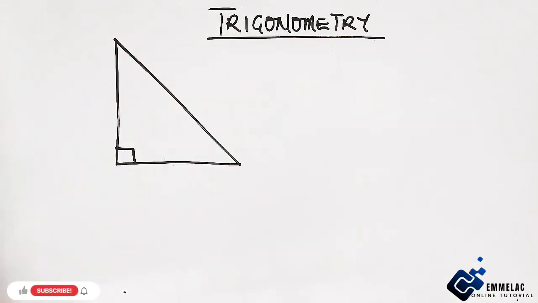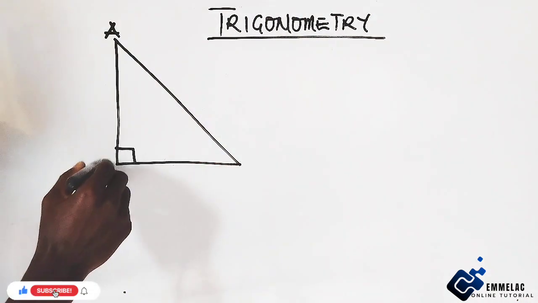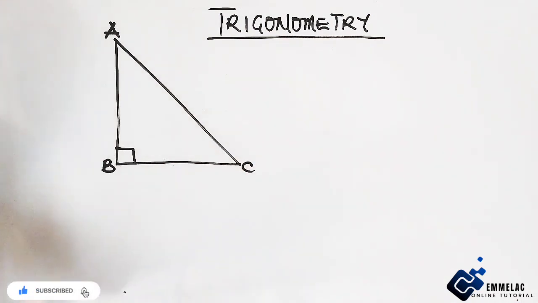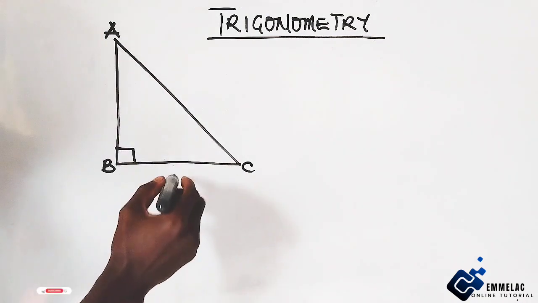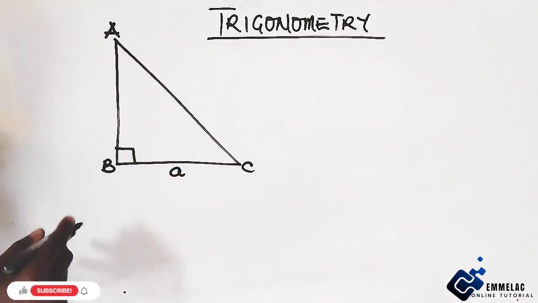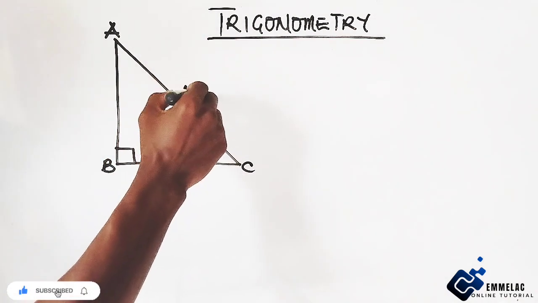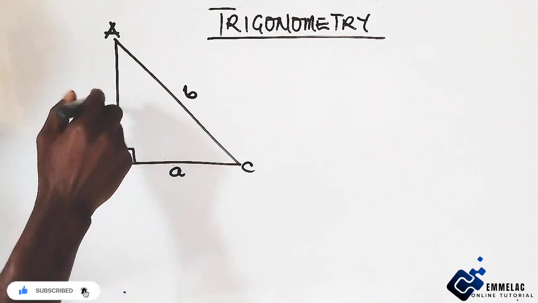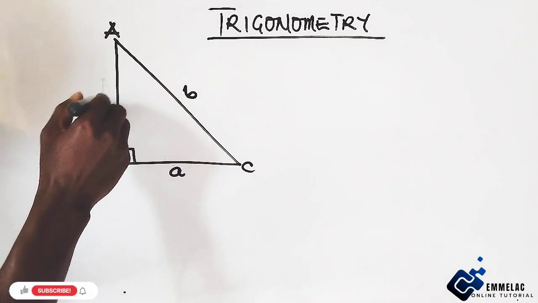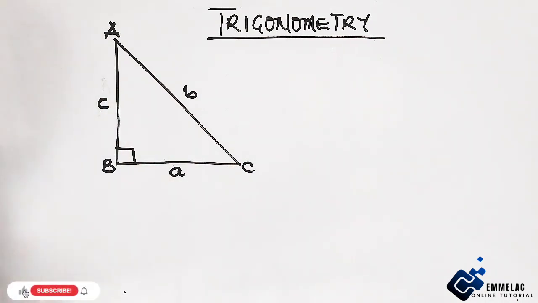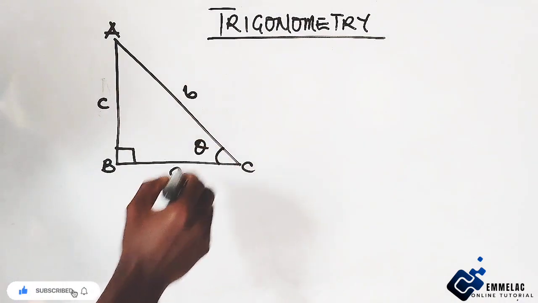Now let us label the vertices of this triangle A, B, and C. The side opposite A we label as small letter a, the side opposite B we label as small b, and this here we label as small letter c. Alright, and let's have this as the angle theta.